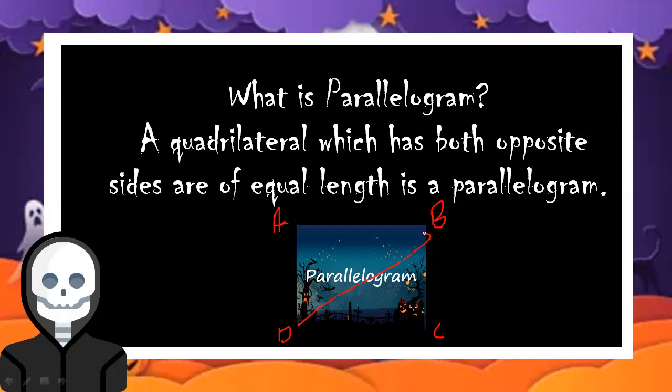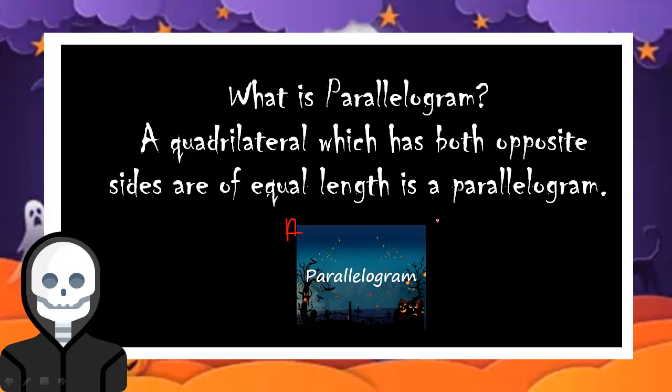Here, this is one diagonal and this is the other diagonal. These both are bisecting each other, so it means that this diagonal is divided into two equal halves, and this diagonal AC is also divided into two equal halves.